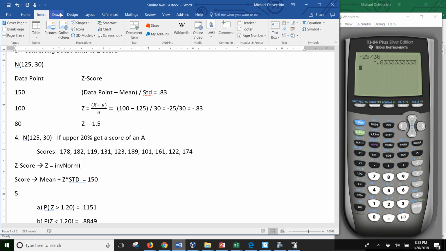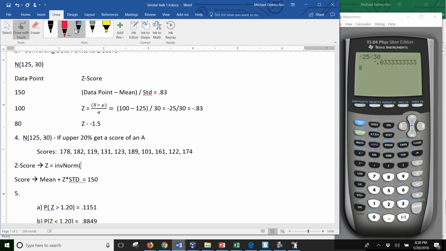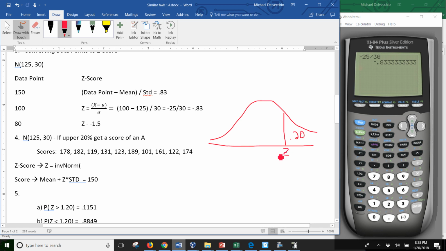So let's just recall, see how this works. If we had a normal curve, okay, the upper 20% is going to be up here. All right, this is going to be some z-score. But the calculator for inverse norm only does area to the left.